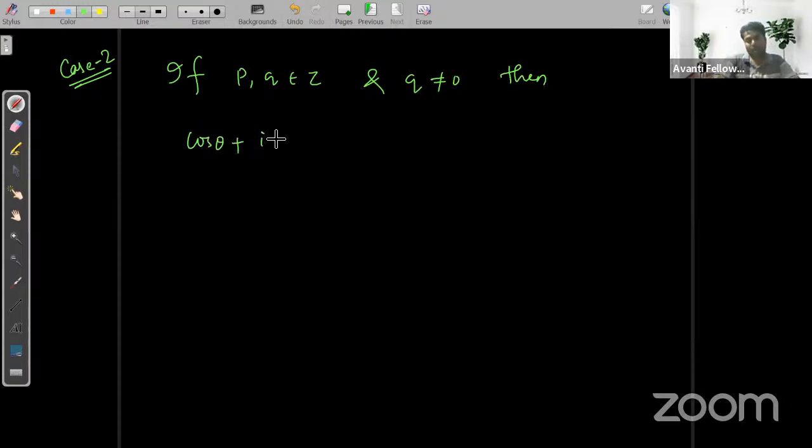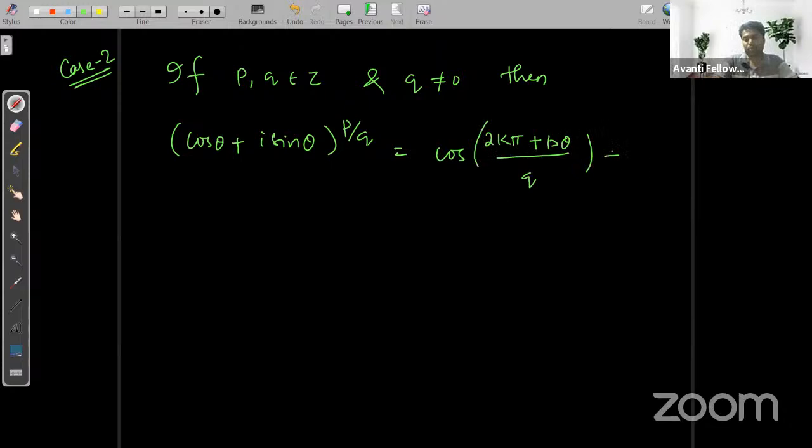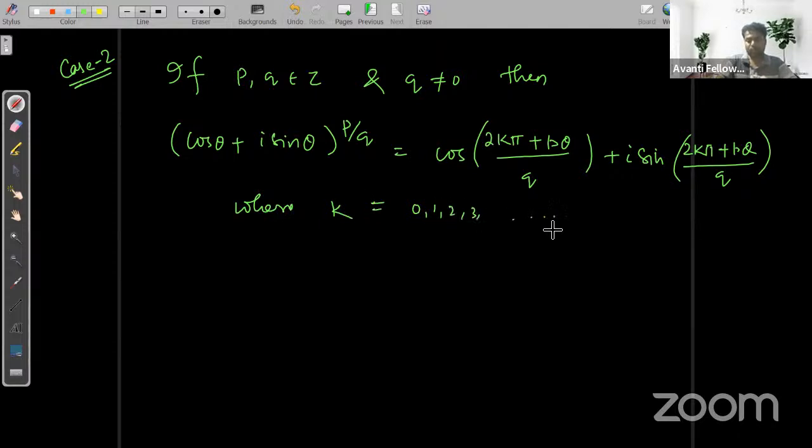The statement is, if p and q are two integers and q is not equal to 0, then (cos θ + i sin θ)^(p/q) is equal to cos((2kπ + pθ)/q) + i sin((2kπ + pθ)/q), where k = 0, 1, 2, 3 up to q minus 1.